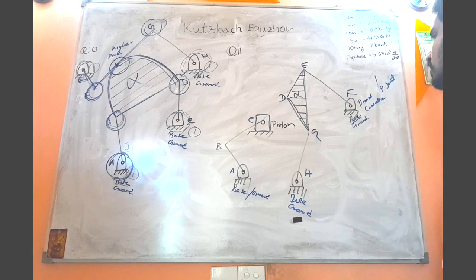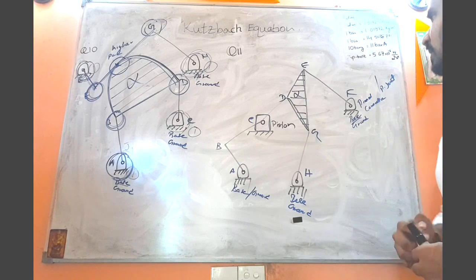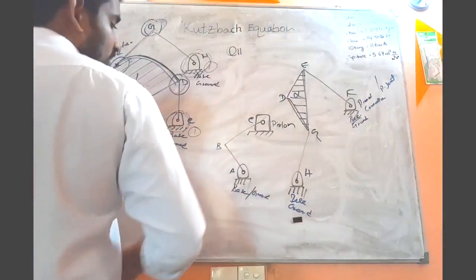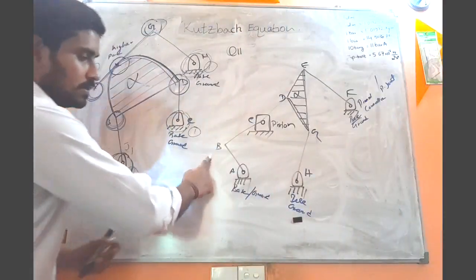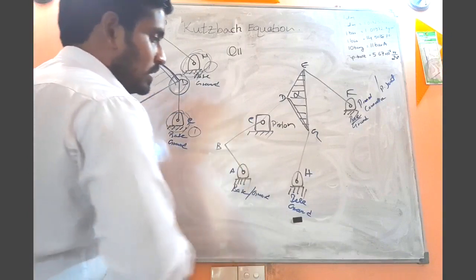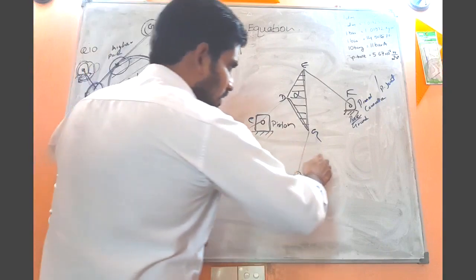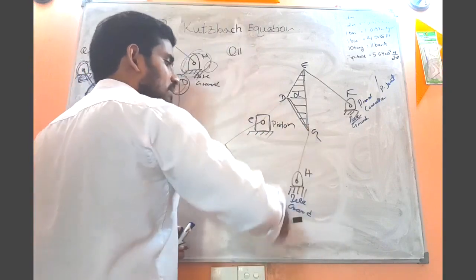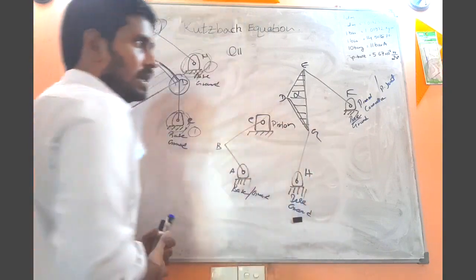So you know that. So here also the same scenario: the link AB is connected to the base with the help of a pin joint. So here also the link GH or HG is connected to the base with the help of a pin joint.